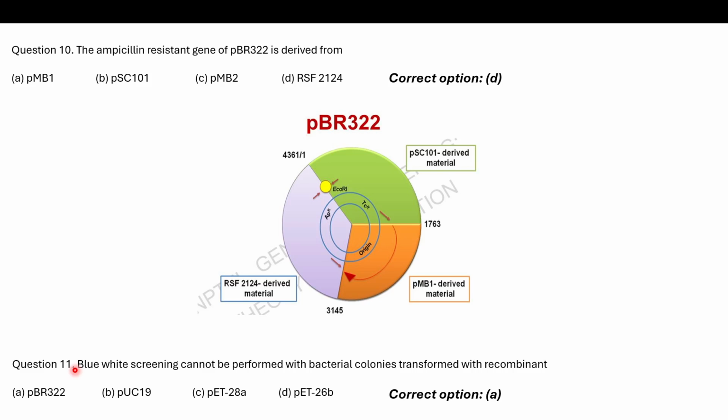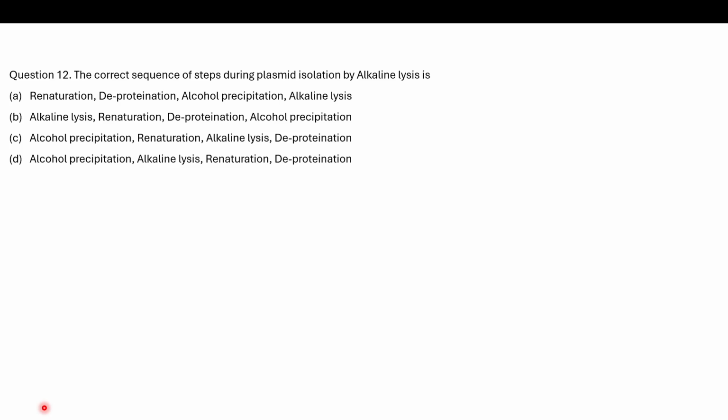However, pBR322 doesn't have any lacZ gene inserted. It should have the gene which encodes for beta-galactosidase, like two parts of beta-galactosidase. So the lacZ alpha gene should be there in the plasmid, but pBR322 is the very basic plasmid, the first vector to be formed. So it doesn't have any lacZ gene insert, so blue-white screening cannot be performed. The answer will be pBR322.